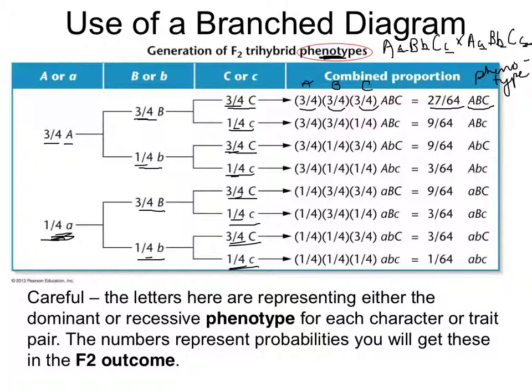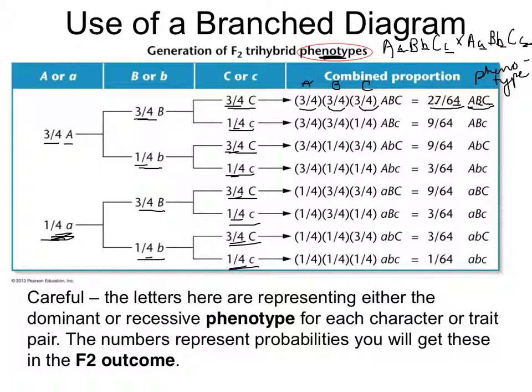Really the authors should have written the phenotypes out here instead of writing out these 3-letter codes that look like genotypes for the gametes, because these are typically applied just to phenotypes. So what this is saying is that 27 out of 64, which is what you get when you multiply 3/4, 3/4, and 3/4, are going to have the big A phenotype, the big B phenotype, and the big C phenotype.